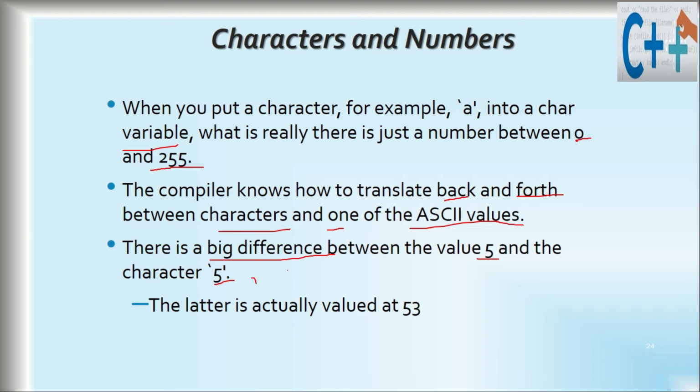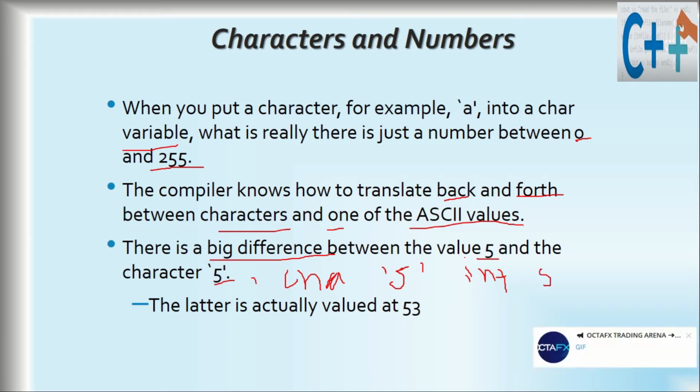When you declare characters, you should put the 5 under quotation marks, which is different from int 5. The character 5 is actually stored as 53, so each character has its own value.